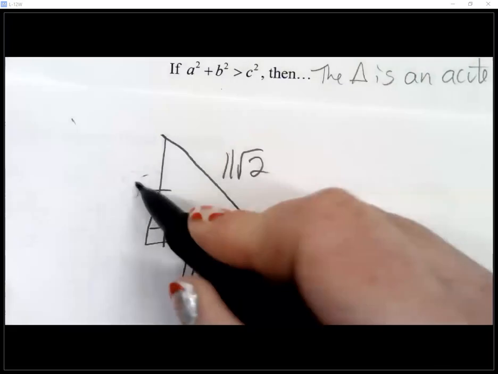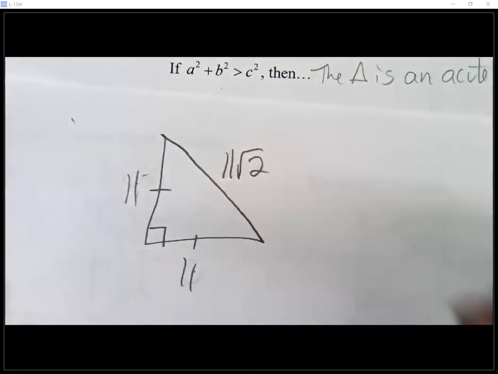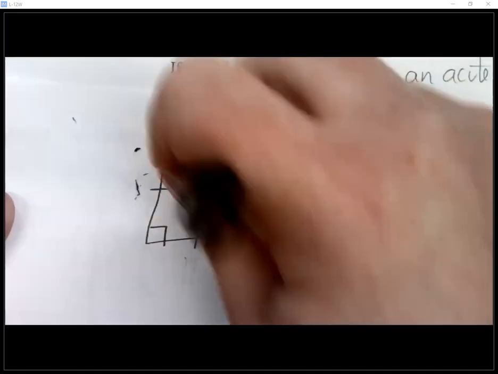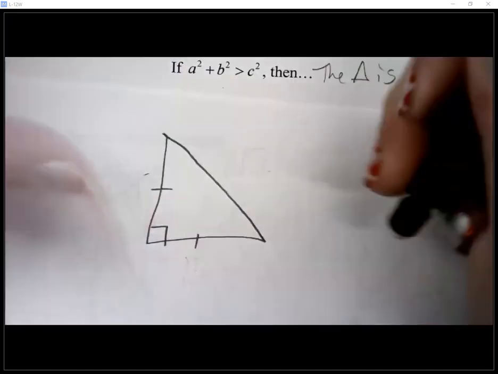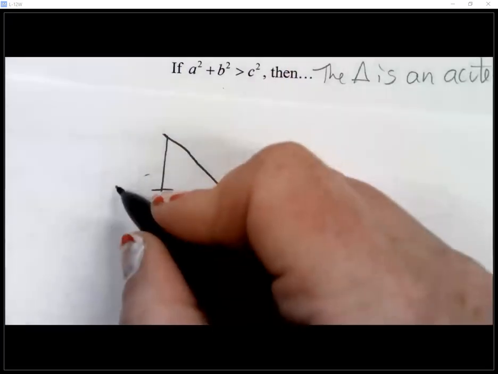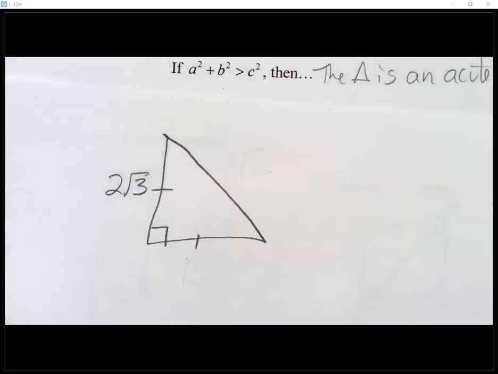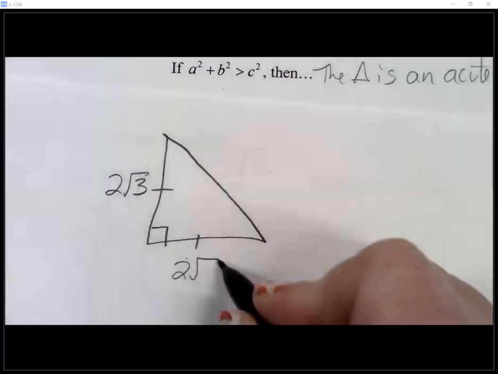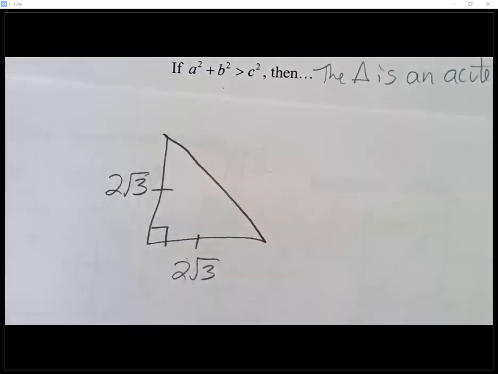Okay, you ready for a challenge? What if this side was 2 root 3? The other one's 2 root 3, and the hypotenuse would be 2 root 6.